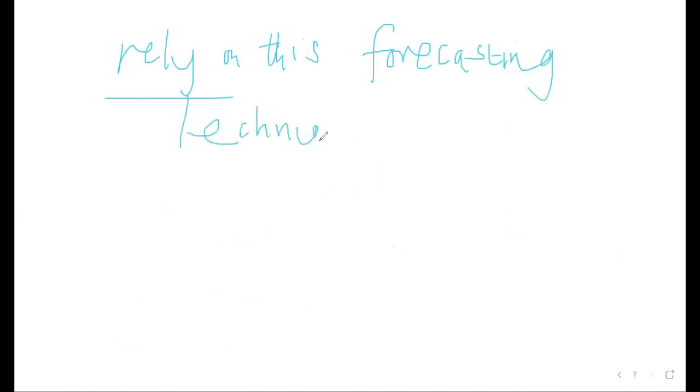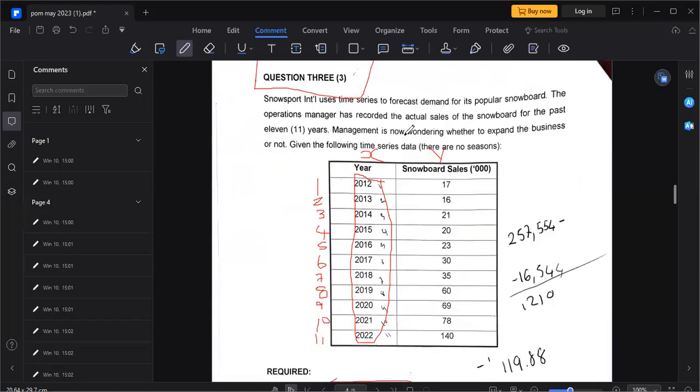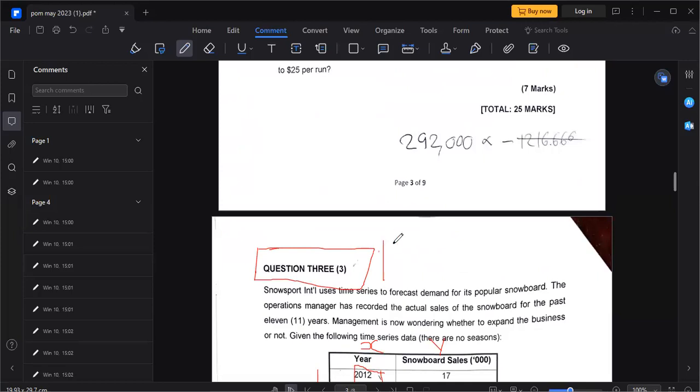And this is okay, because as the years are increasing, as X increases, Y is also increasing. So this is where this question ends.